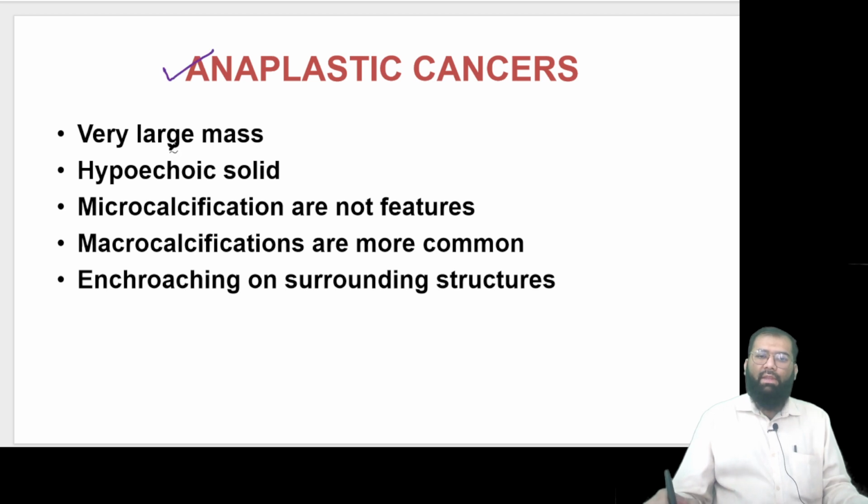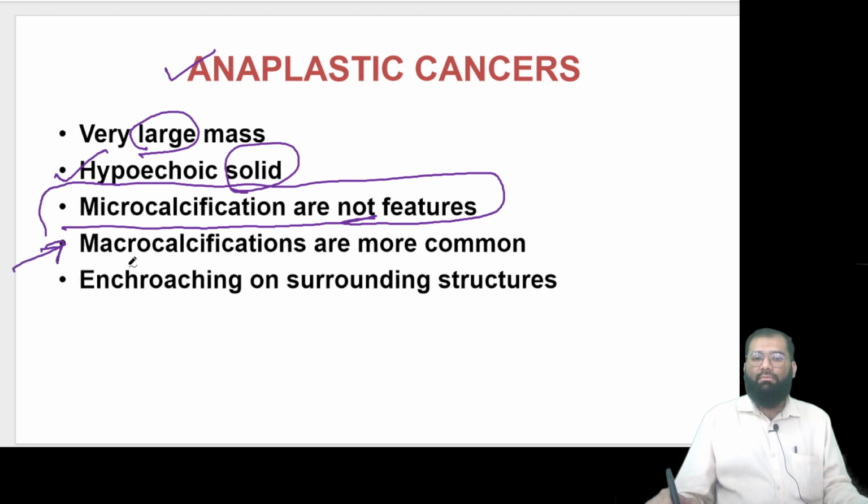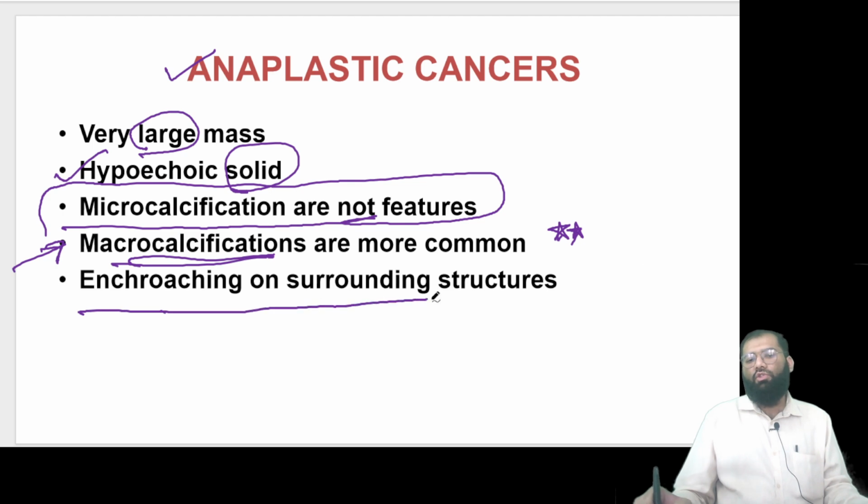So when you speak of anaplastic, नाम में है anaplastic, so it has to be a very large mass. Again, this is hypoechoic, it is solid. This does not necessarily show microcalcification, very important. Anaplastic shows macrocalcification, and it shows encroachment in the surrounding structures.